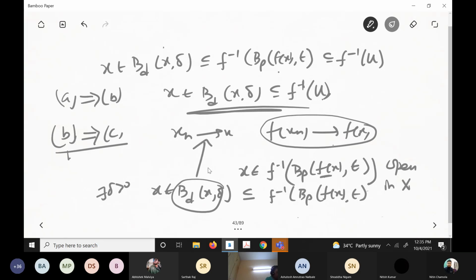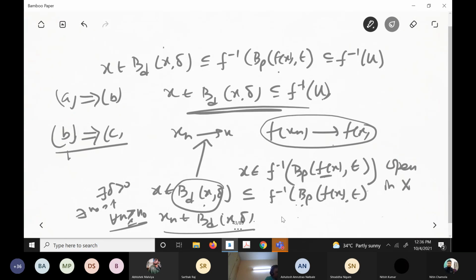This contains a tail of the sequence. That means xn belongs to B_d(x, delta) for all n greater than or equal to some n naught. So there exists n naught such that xn belongs to here for all n greater than or equal to n naught.